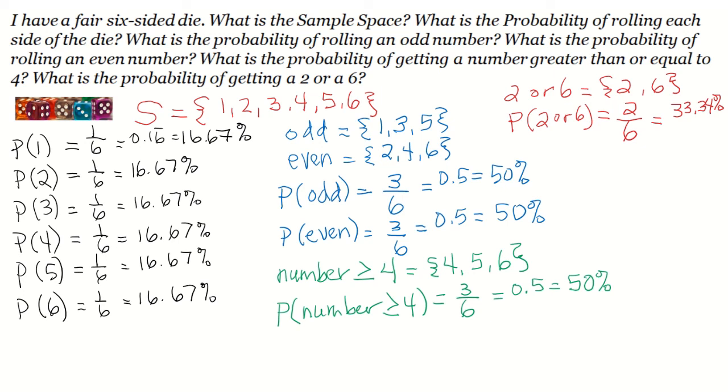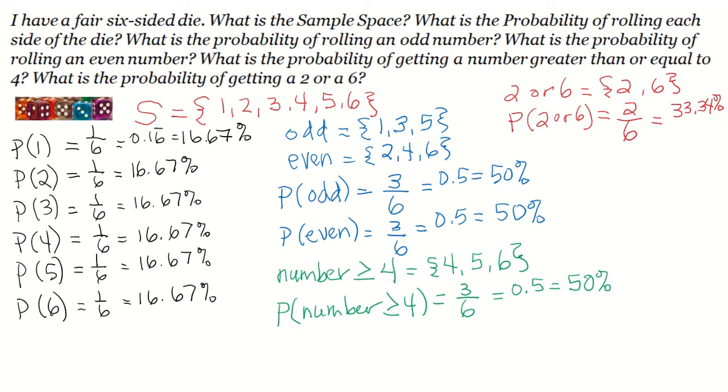So this has been several examples of how to find the sample space and how to find the probability of an event. Just to reiterate, the sample space is going to be all of the possible outcomes. So when you do an experiment, all of the possible results are going to be in your sample space.